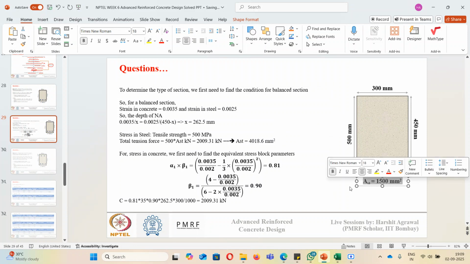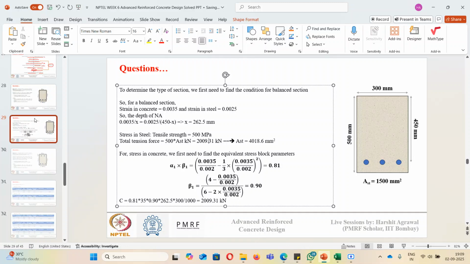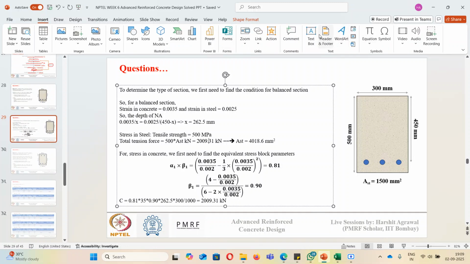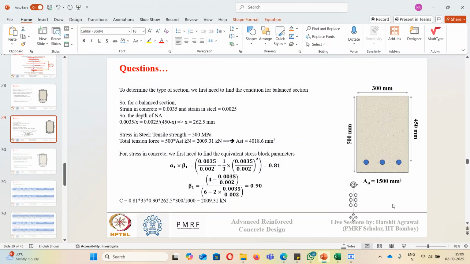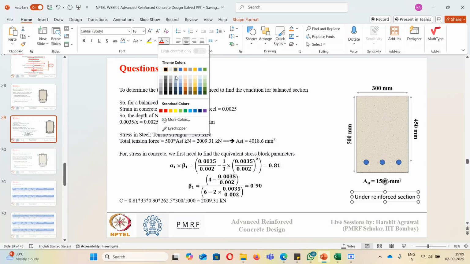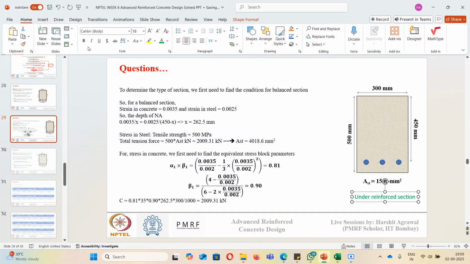So this means that our section is an under reinforced section. Since it is an under reinforced section, we don't need to provide compression reinforcement right now. We can provide reinforcement in the tension side only.